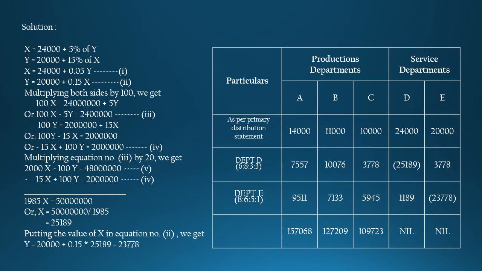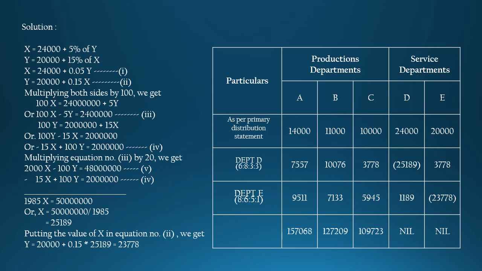Now we will create a statement, and by this statement we will distribute the total overhead of service departments D and E among production departments. First of all we will make some columns and then we will distribute this overhead. First we will write the amounts of the primary distribution for various departments.